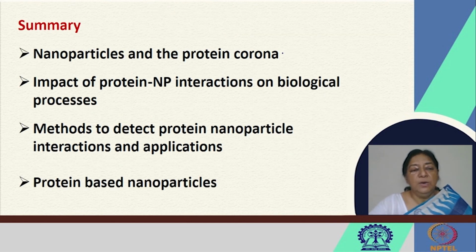So in summary, we looked at nanoparticles and the protein corona, the importance of the protein corona in trying to understand how interactions can occur, the impact of protein nanoparticle interactions on biological processes, how we can develop methods to detect protein nanoparticle interactions, and their specific applications, particularly in biomedicine, where we can look at bioimaging, phototherapy, photodynamic or photochemical therapy, and several methodologies that can be used to develop these for nanomedicine.